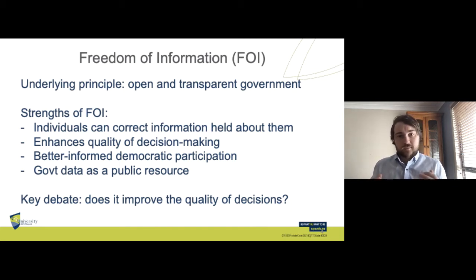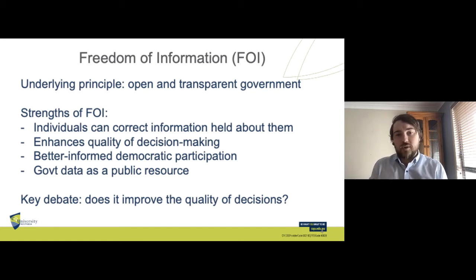So at an individual level, we have a right to find out what information the government has about ourselves. And if there's an error, we can correct that and make sure that the government information about us is up to date. It's thought to enhance the quality of decision making, although that is debatable. So we'll come back to that point in a moment.